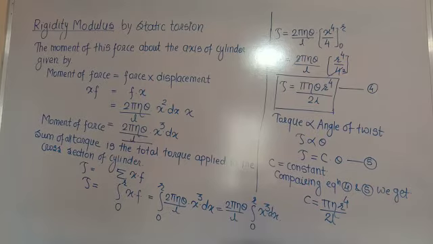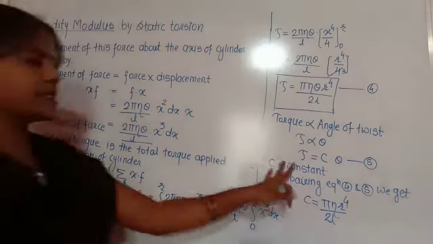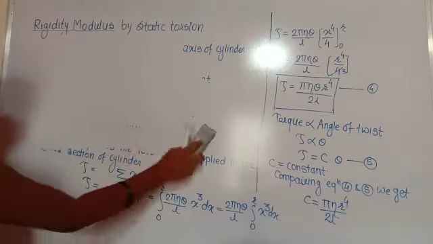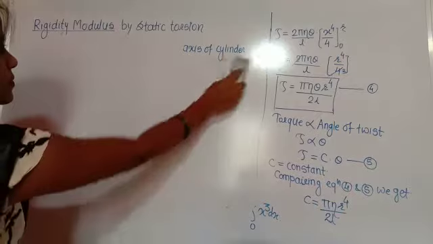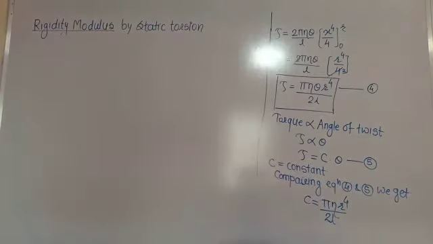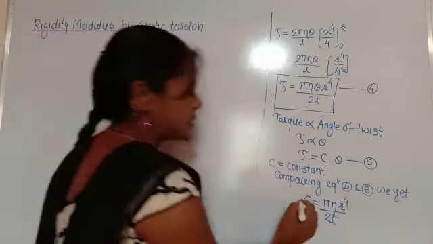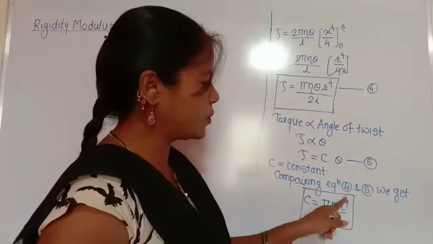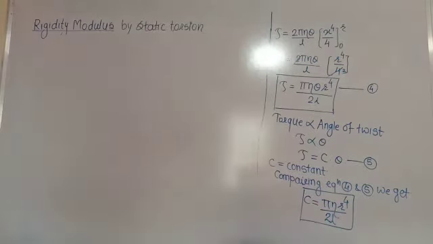Here C is the constant, the torque per unit twist, and it is called the torsional rigidity or the modulus of torsion or the torque constant. This formula of C is equal to pi eta r to the power 4 divided by twice L, after comparing equations 4 and 5.